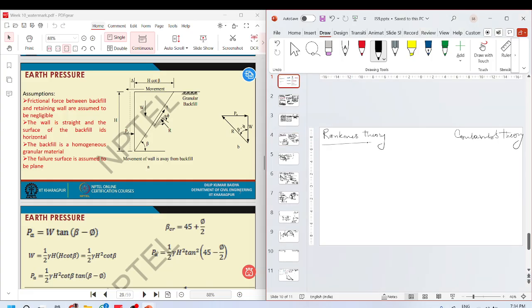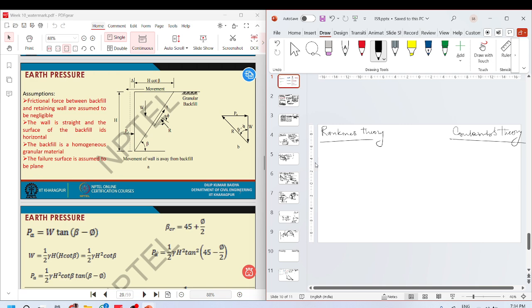Both of these theories give a different set of assumptions, which is where these theories differ. The first thing is that frictional force between backfill and retaining wall is assumed negligible.